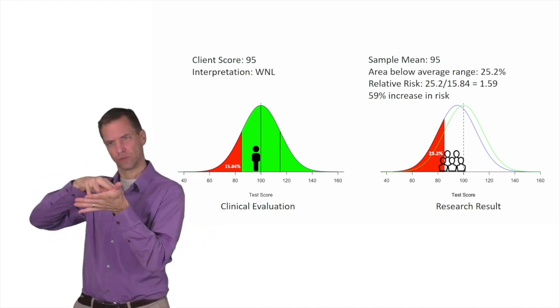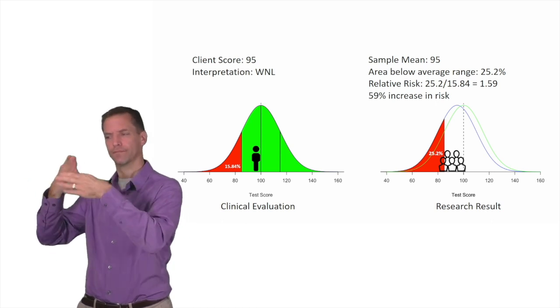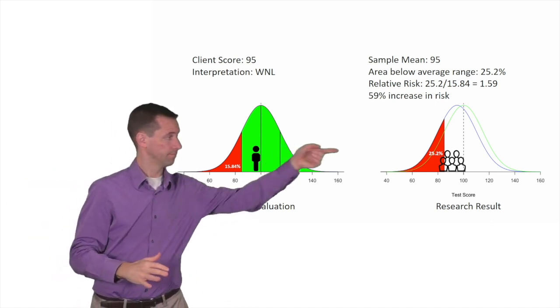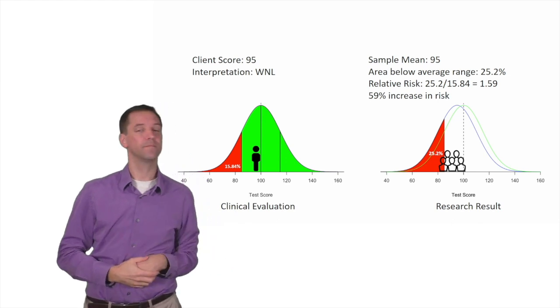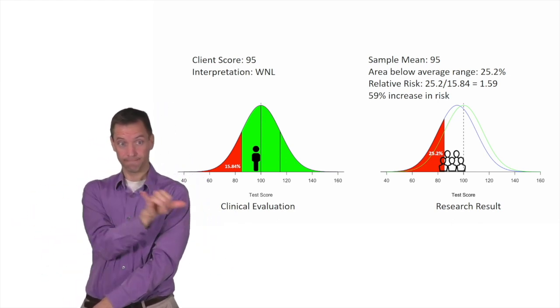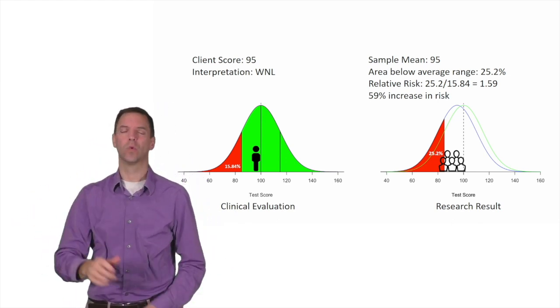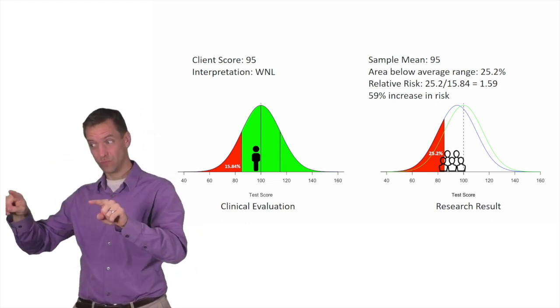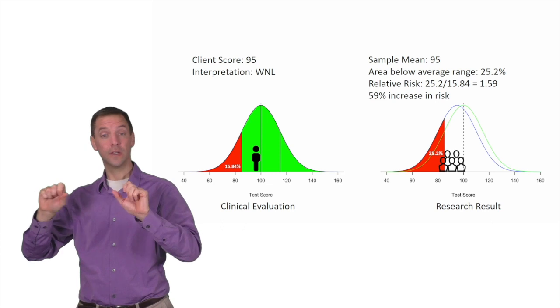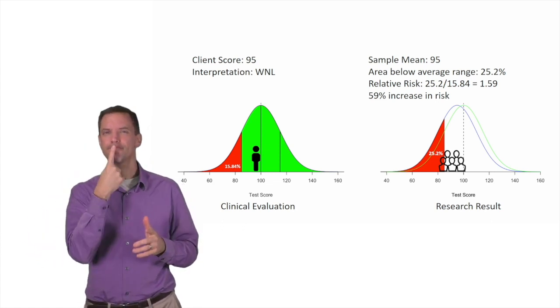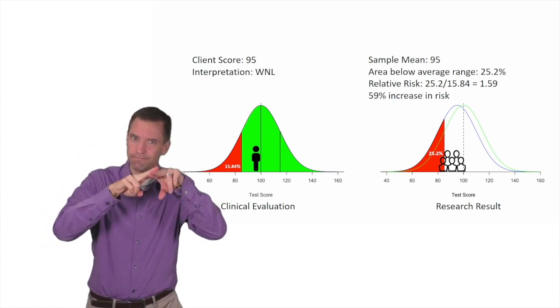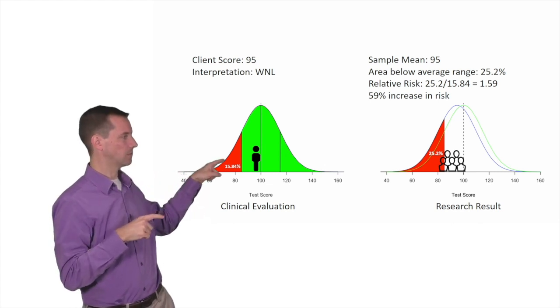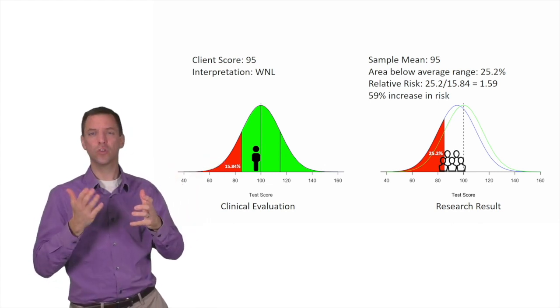Now, suppose you are reading a research study and they find that the average score in their sample is a 95. Is the interpretation the same? No, it is not. And that's because this means that in the population, that whole distribution is shifted down a little bit, which means that the red area here increases in size.